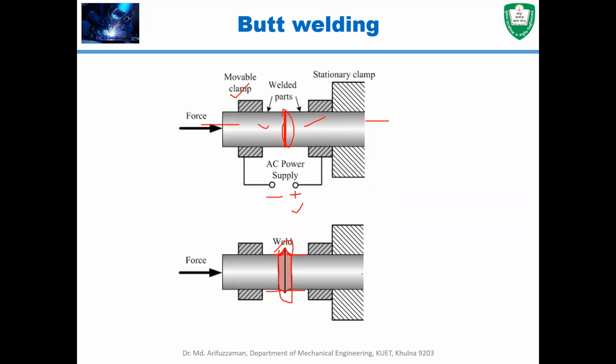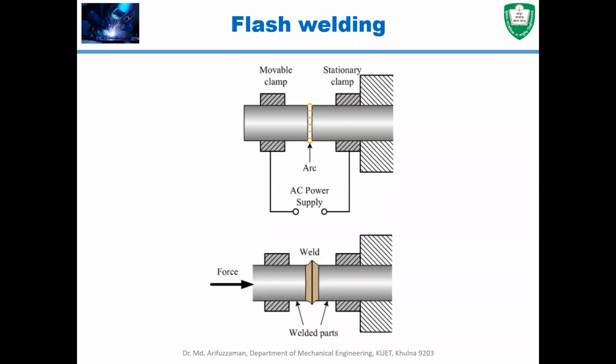And there is another one similar to this one, that is flash welding. The only difference between butt welding and flash welding is that in flash welding, you turn on the electricity first and then you apply the force. Because of the application of electricity, when it comes very close to the workpiece, the electric arc will generate, and that will create more heat compared to butt welding.